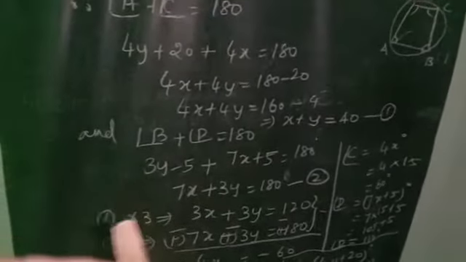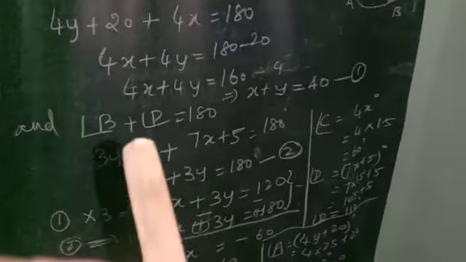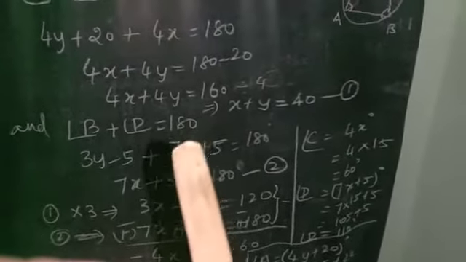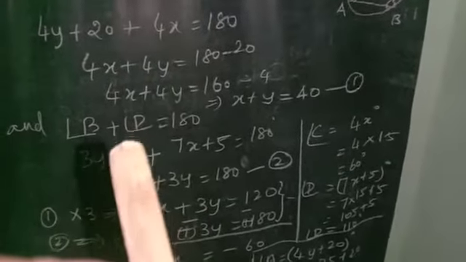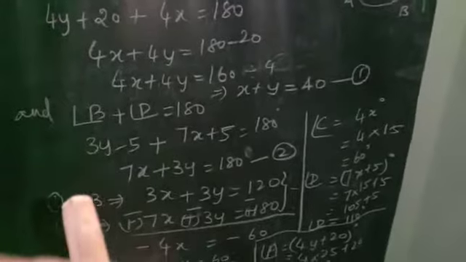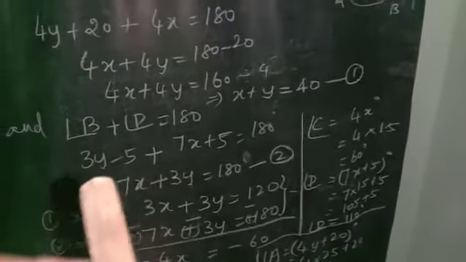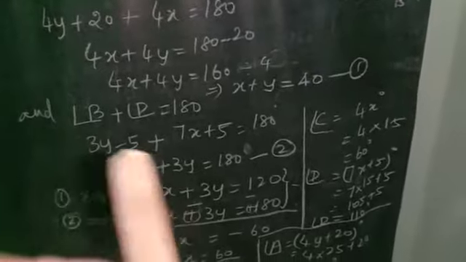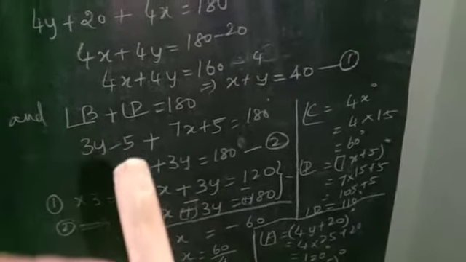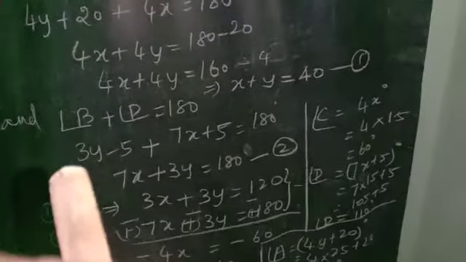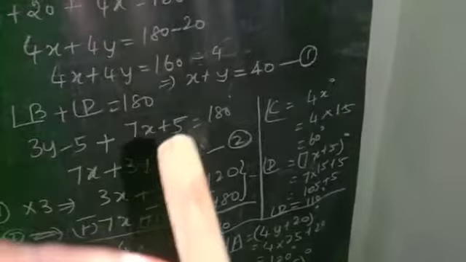The next opposite angles are B and D. The sum of angle B and angle D is equal to 180 degrees. Therefore, we substitute the B and D angle values. Angle B is 3y minus 5 degrees, and angle D is 7x plus 5 degrees.